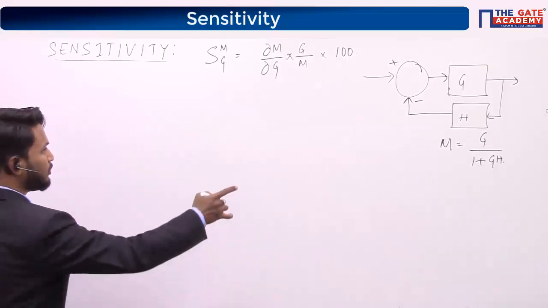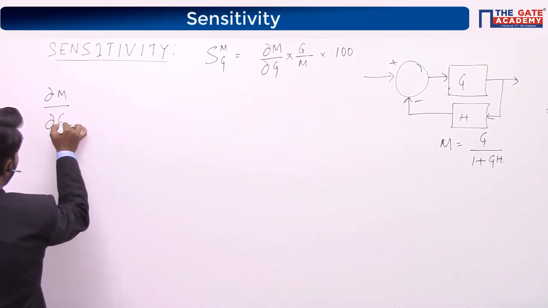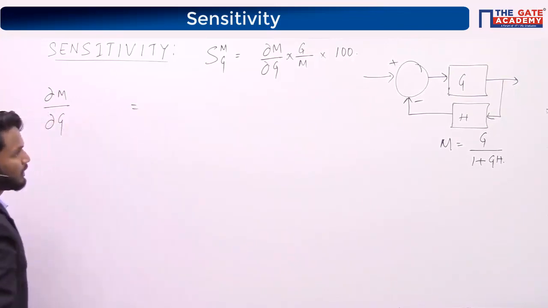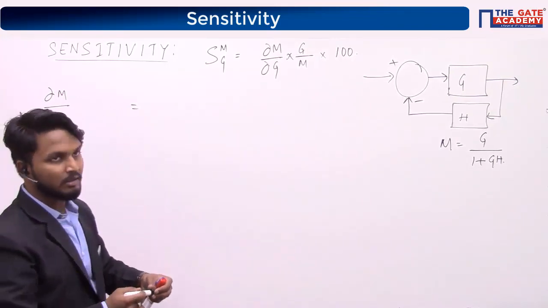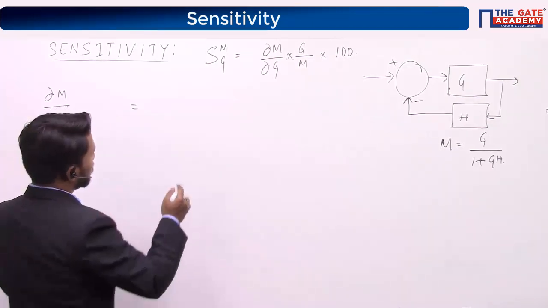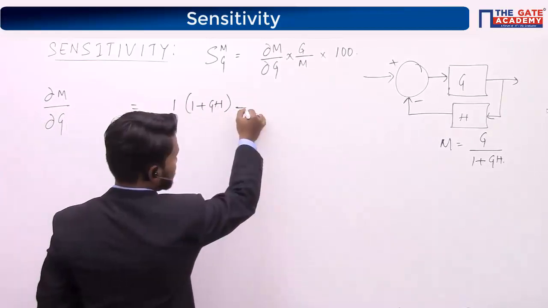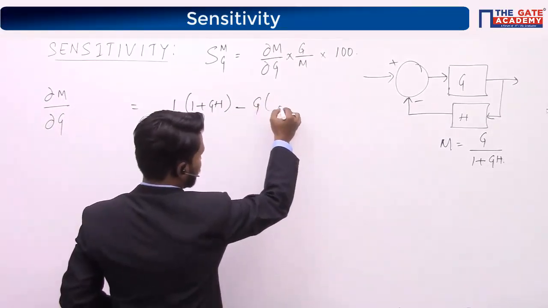So dou M by dou G is equal to what? Just partially differentiate this. What will you get? Use the U by V rule: U dash V minus U V dash upon V square.